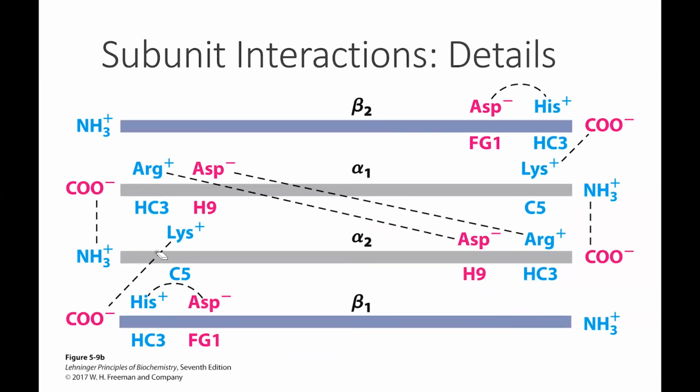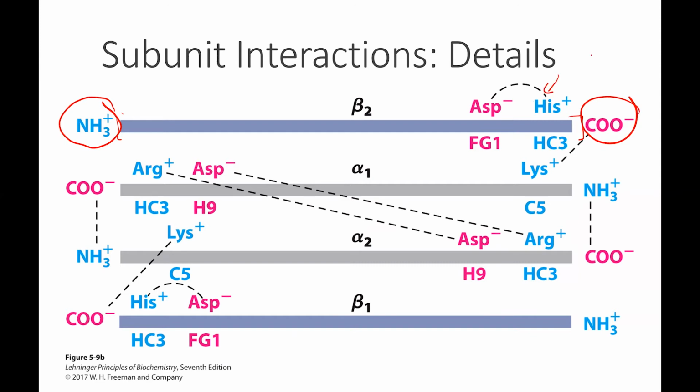Again, this is just some subunit interaction to give you an idea of what hemoglobin looks like as far as these 4 subunits. So each of these chains here that are blocked off represents one string of amino acids for that subunit. And you can see it has its amino end and it has its carboxyl end, right?